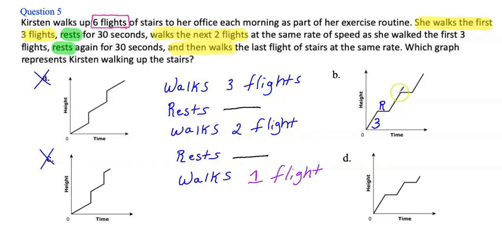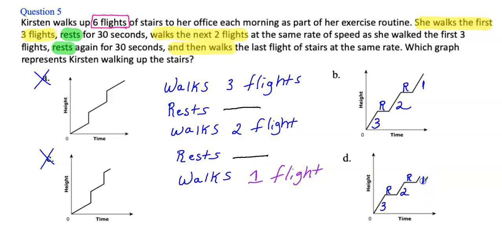So this is 2 flights. She rests. And then she walked 1 flight at the end. And this will be labeled the same way. 3 flights, rests, 2 flights, rests, 1 flight.